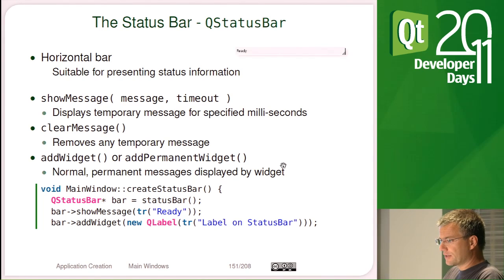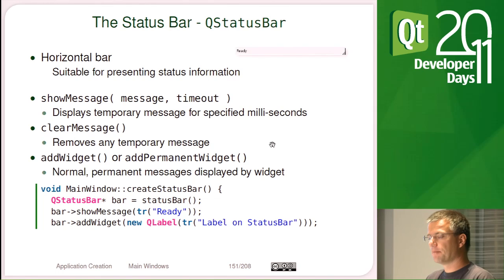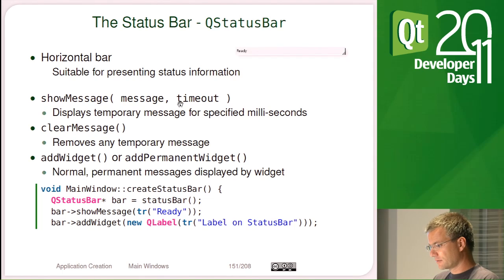The status bar is already there, and here are the API functions on how to display some messages within the status bar. There is a showMessage function. You can just give it a message and a timeout. If you specify 3000 milliseconds, it will disappear after 3 seconds.